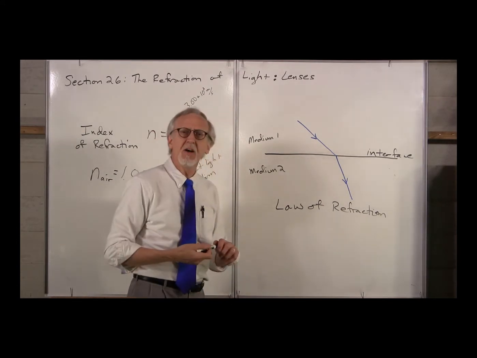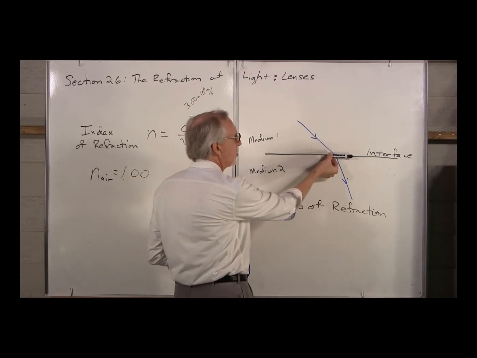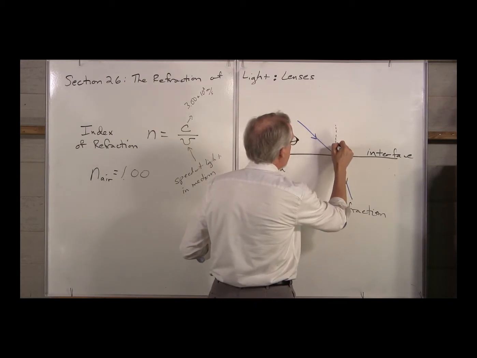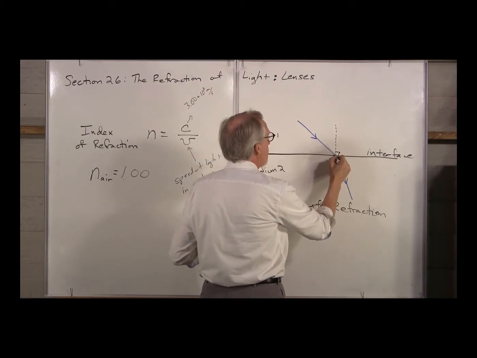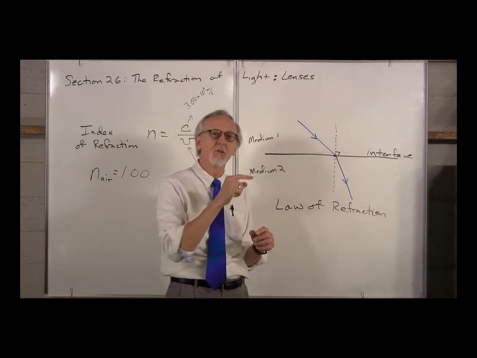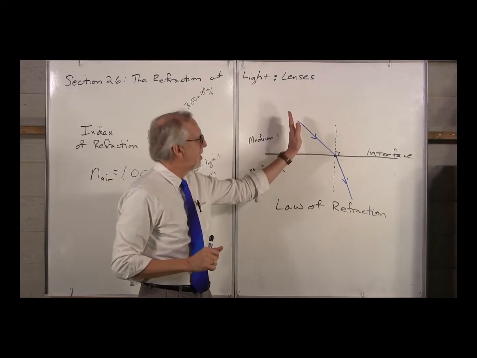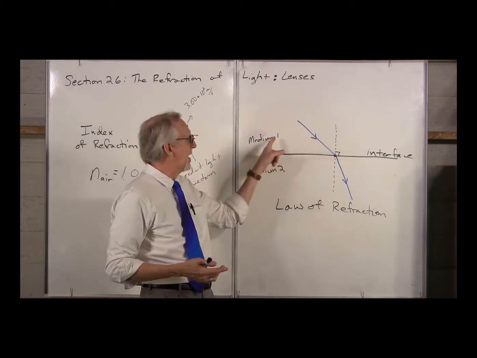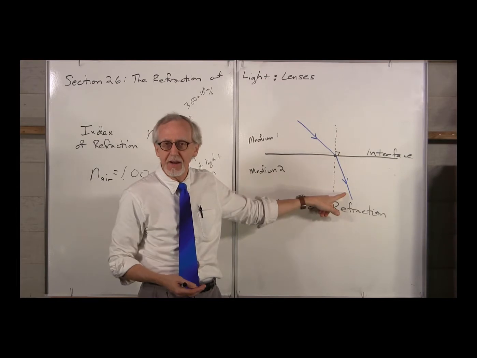We're going to define a normal line, perpendicular to our interface. I'm going to draw in a normal line here, perpendicular to the interface, that connects to the interface right at the point where the ray goes from one medium to the other. We'll now define angles for each ray, our incident ray, which I'll just refer to as the ray in medium 1, and our refracted ray, which is the ray in medium 2.